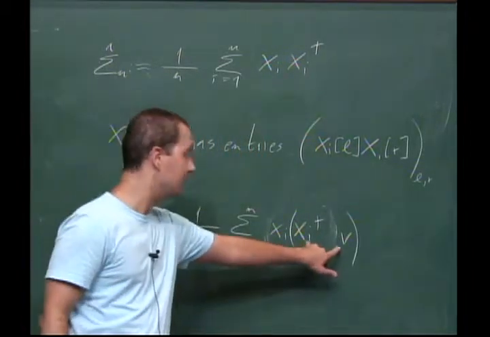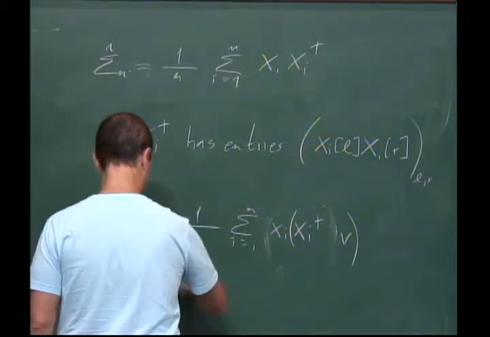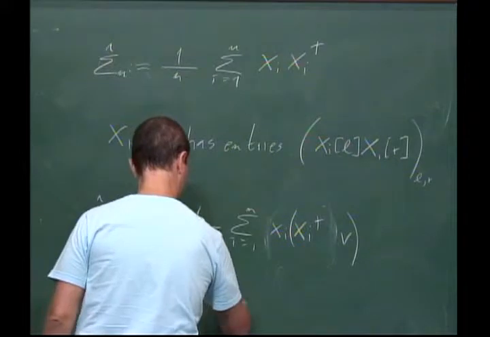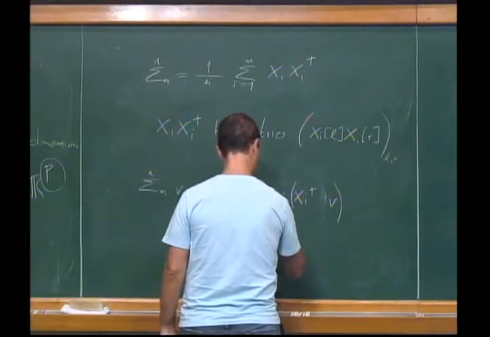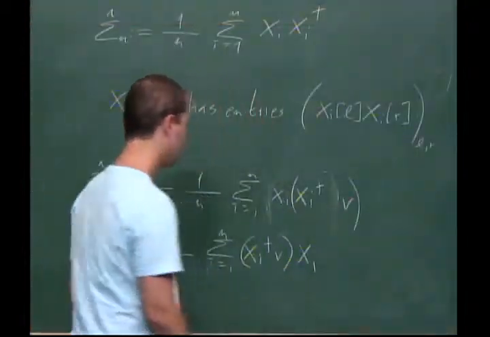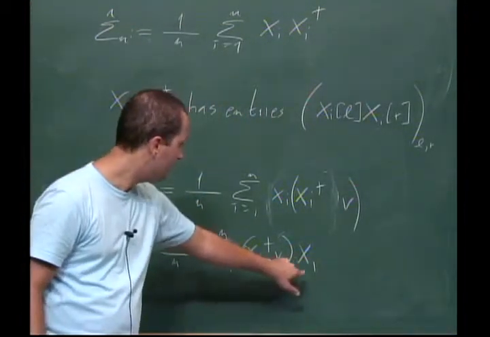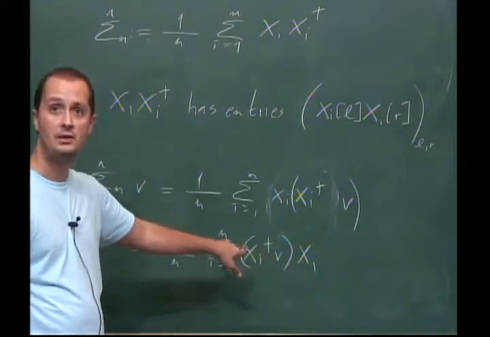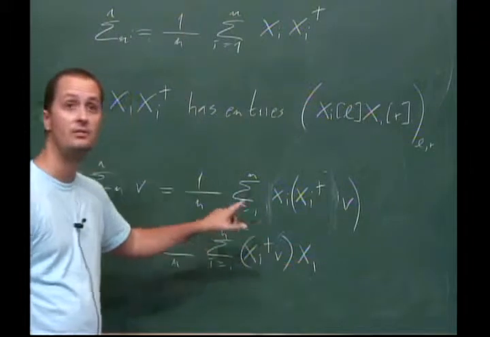And now this is a scalar, the inner product. So this is just a sum of the vectors x_i, each one with a coefficient that is the inner product of x_i and v.